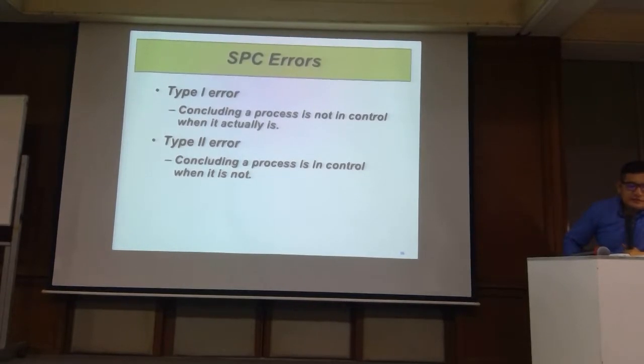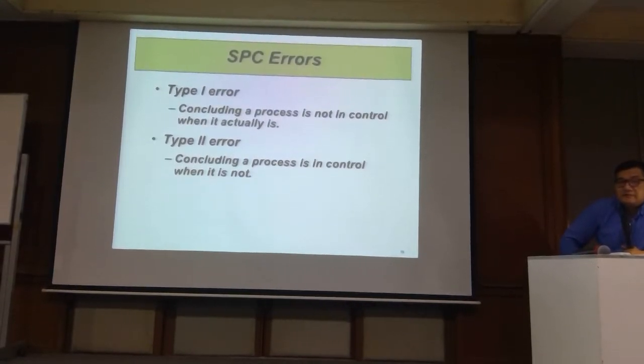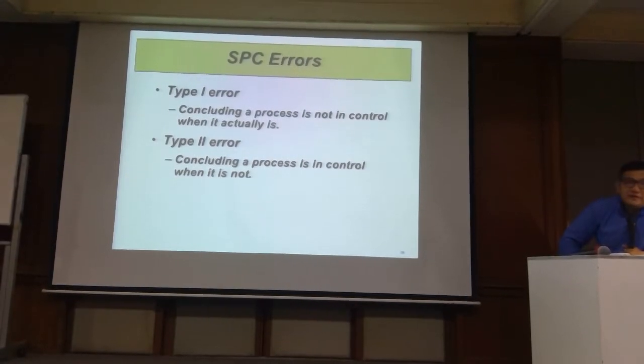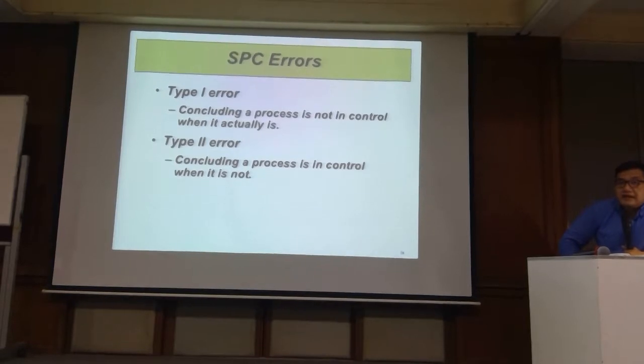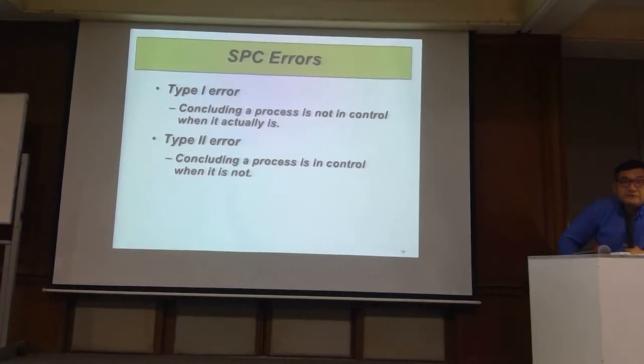Type 1 error is that you conclude the process is out of control, but actually that process is in control.